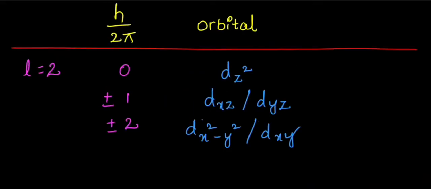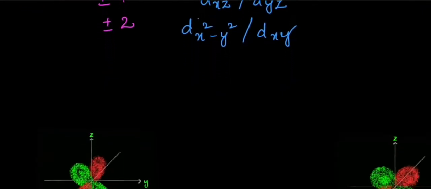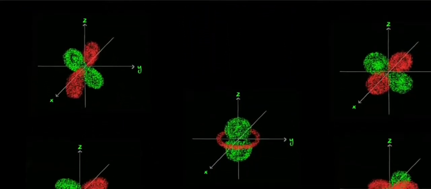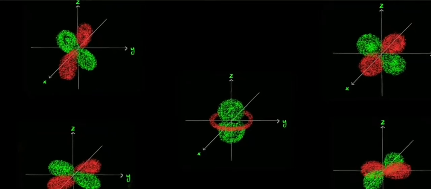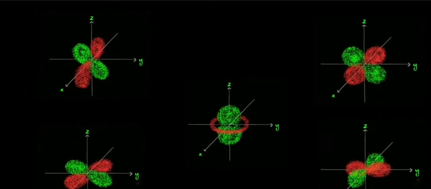These orbitals are represented here. I'm just trying to show these orbitals. All the 5 d orbitals are represented together. Let me move it much closer to have a better look.